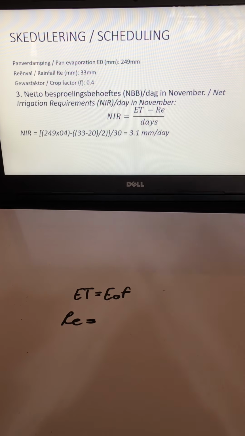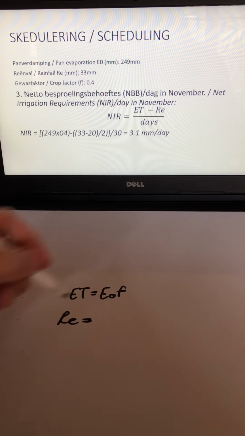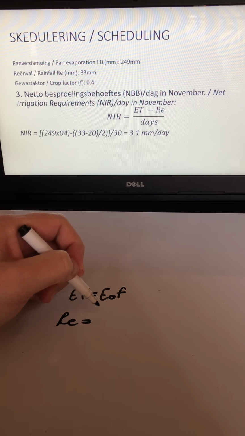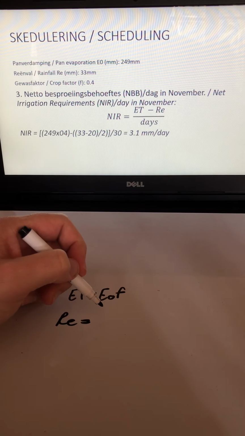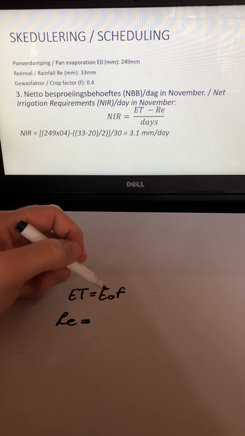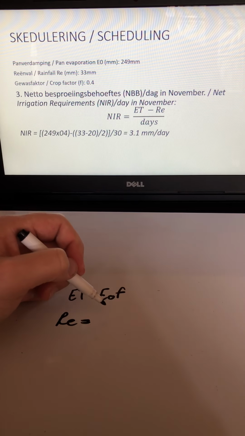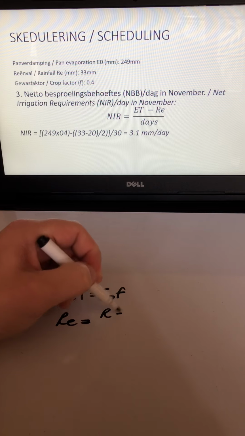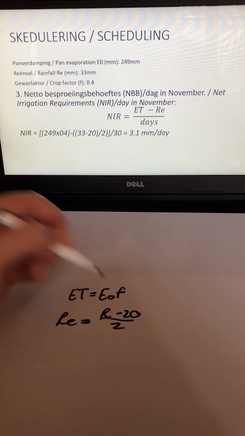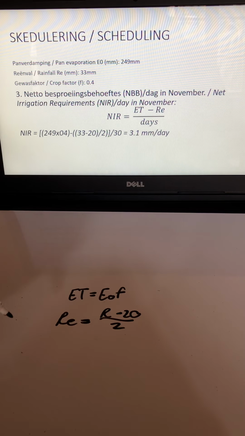And RE, the effective rainfall, if you remember from the first video, is the rain that ended up on the soil and that you didn't lose due to your leaves or any other reasons, runoff or seepage or anything like that. And that will be the amount of rain minus 20 divided by 2.